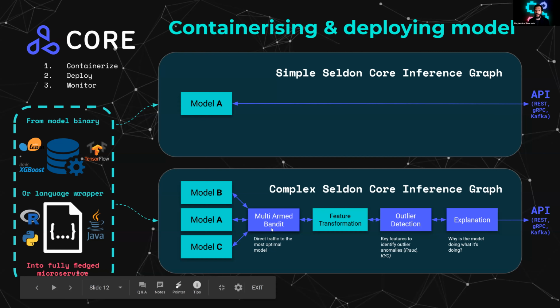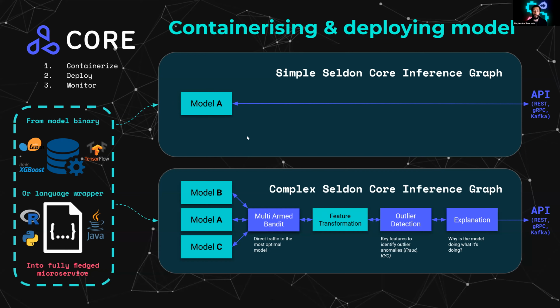You can have perhaps a multi-armed bandit that uses online updating of its own state to send the requests that are being sent to the model to the best performing model. We actually have tons of examples in the repository which you can try yourself, all the way from multi-armed bandits to simple models with TensorFlow, scikit-learn, XGBoost. And ultimately, what we're going to be focusing on in this session is just a simple model that we're going to be deploying.